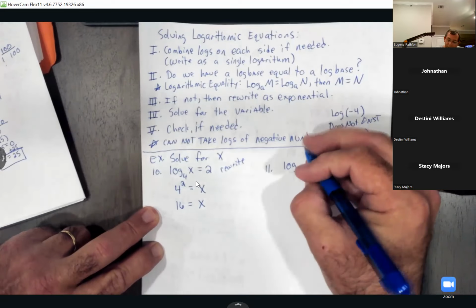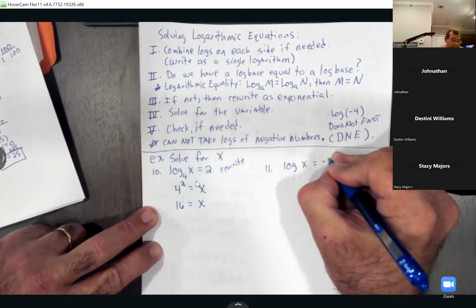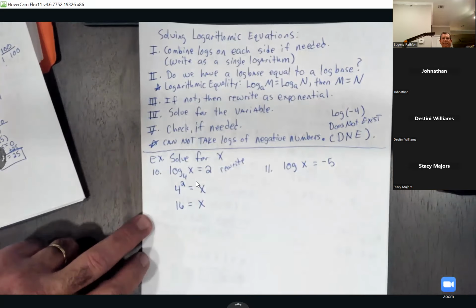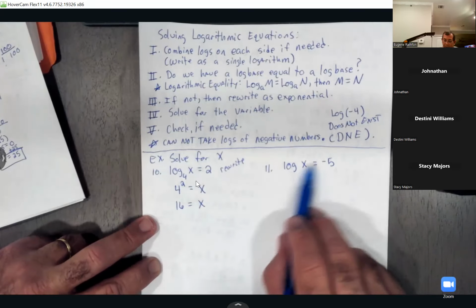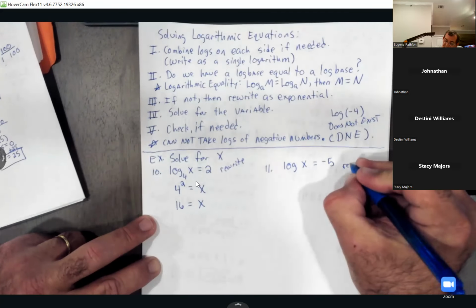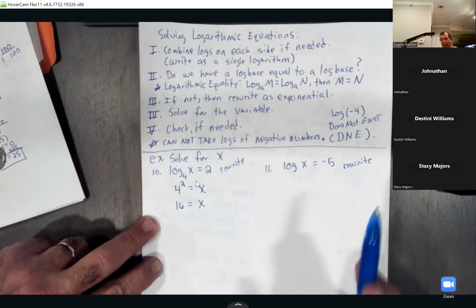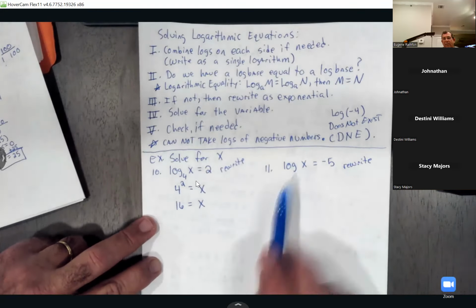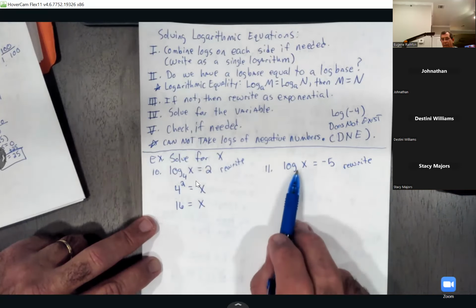All right, y'all, log of X equals -5. So I'm going to rewrite this one as exponential because I only got the one log on one side. But y'all, I need to figure out what's the base. Is it 10?